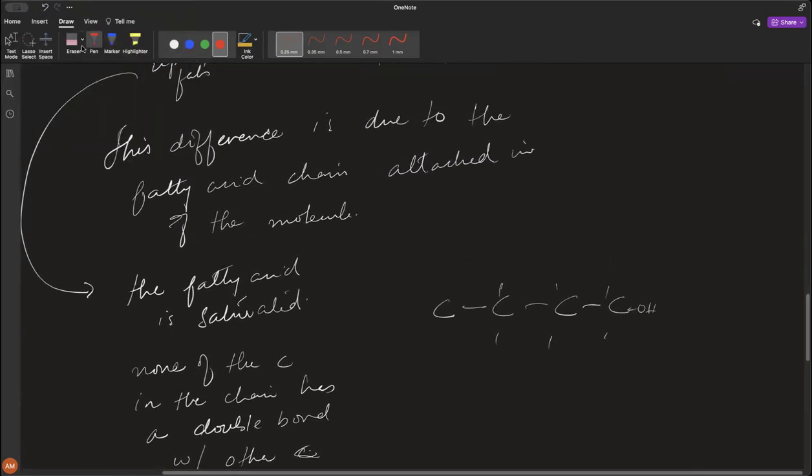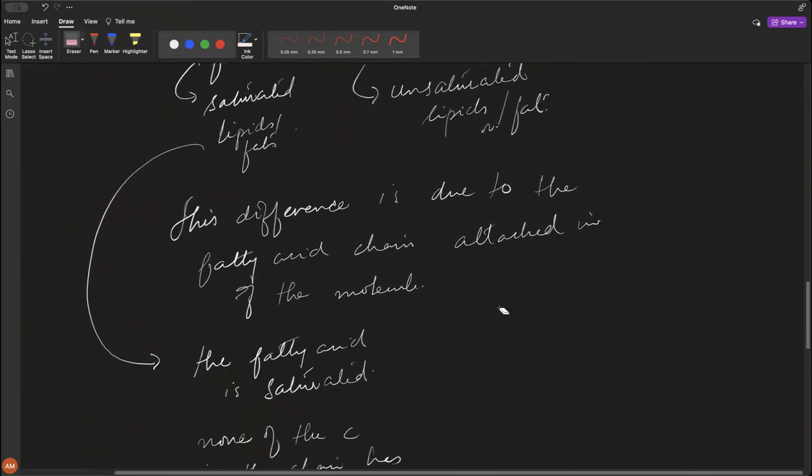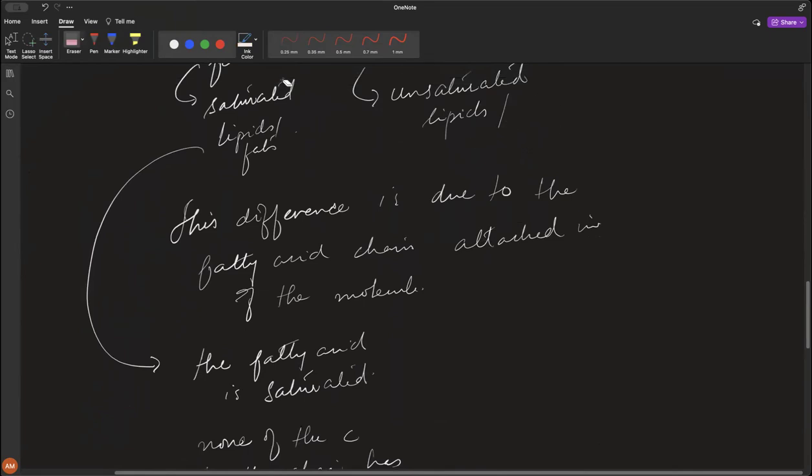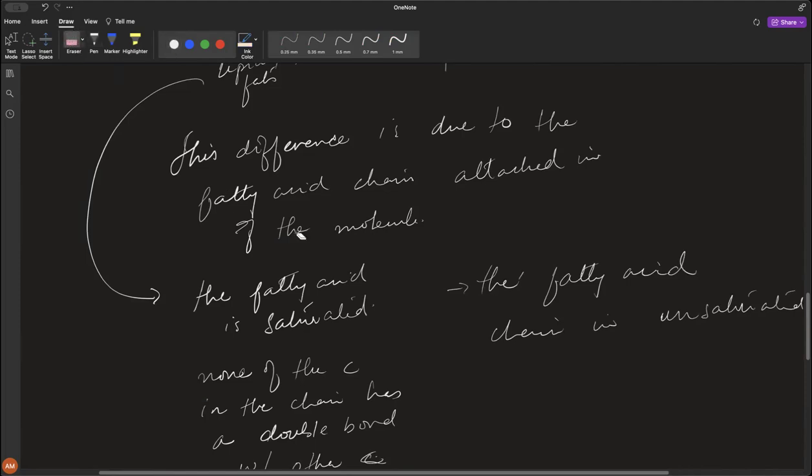On the other hand, when you talk about unsaturated fatty acids, which are oils, which are liquid at room temperature, you find that the fatty acid chain in unsaturated fats has unsaturated carbons in the chain.